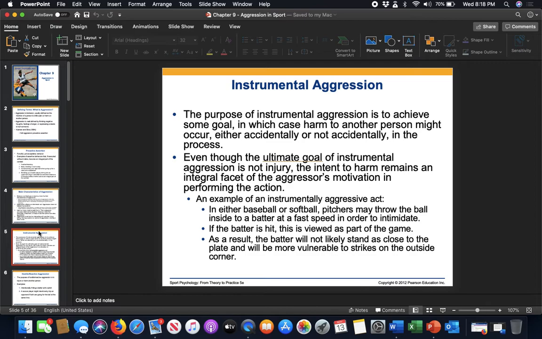If you hit the batter, understand it's part of that instrumental aggression. So it's part of the game. Now, if you were to throw a fastball up and in and aim for the person's head directly, well, then that's a whole different thing. That's going to come up in the next few slides. But this right here means that if you're trying to intimidate the batter and they're standing really close inside of the batter's box and you hit them, hey, take your base. That's really kind of how it works.